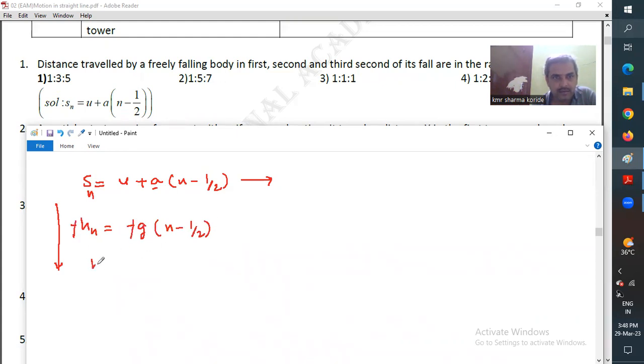Then h in the first second, h in the second second, h in the third second.